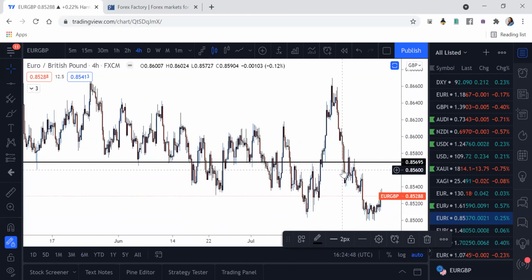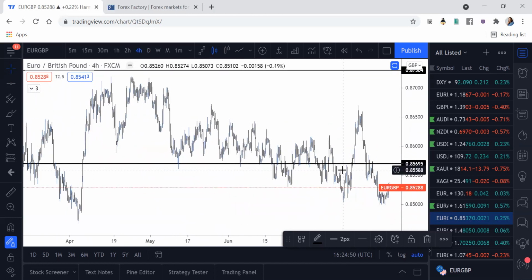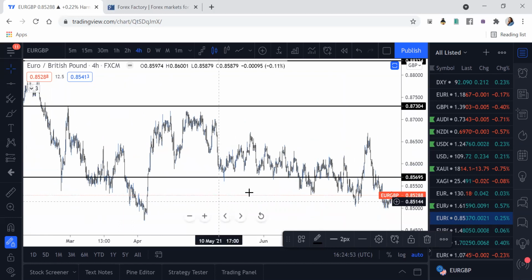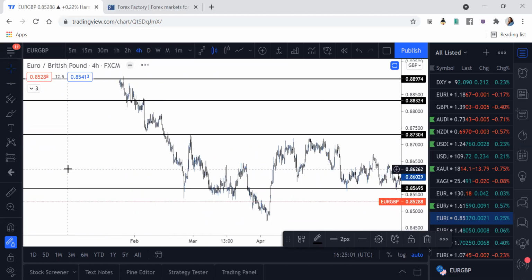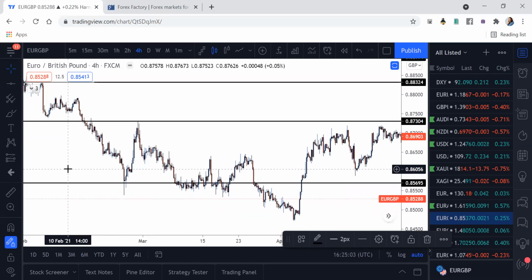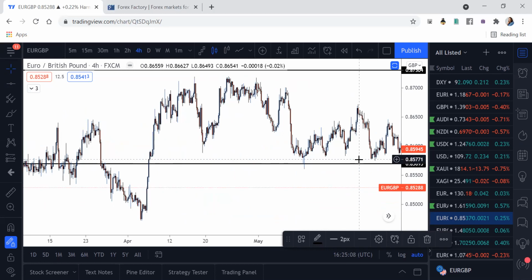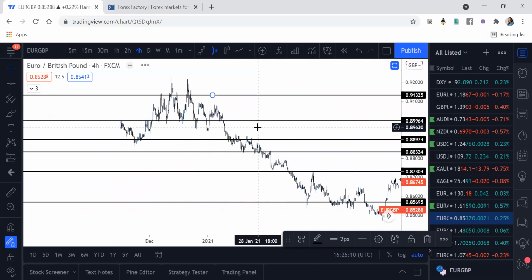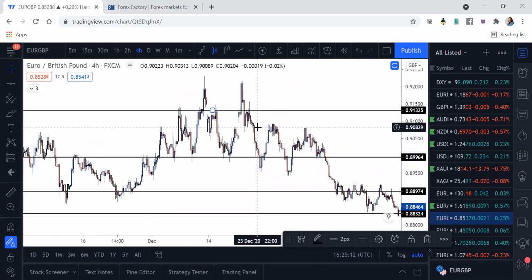You can see that this is support, right? Obviously, there may be one or two other areas that you can identify. So there's probably some support down here, but we have the main or the key structure from the daily time frame. And you can see it.